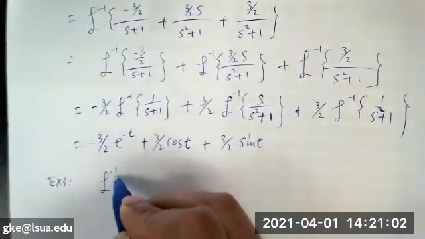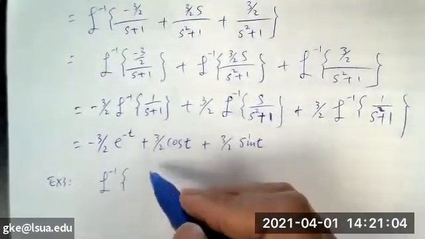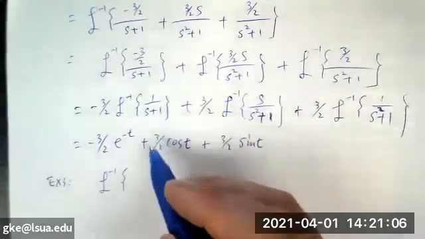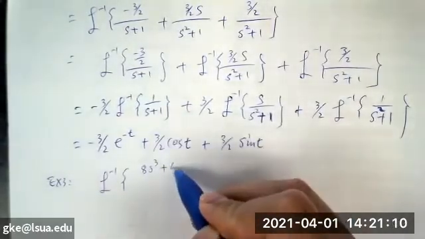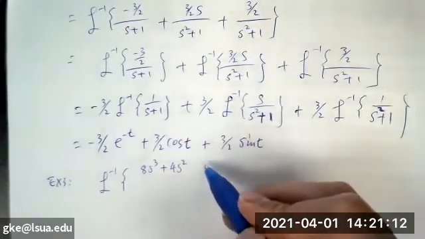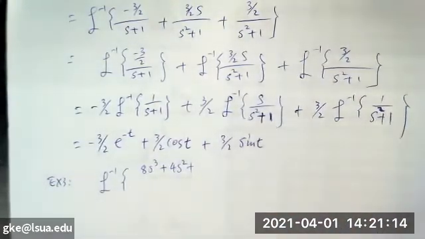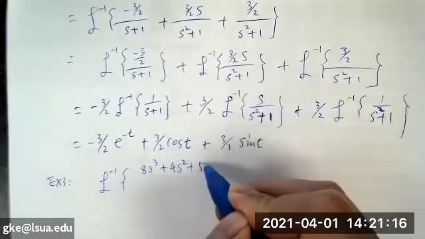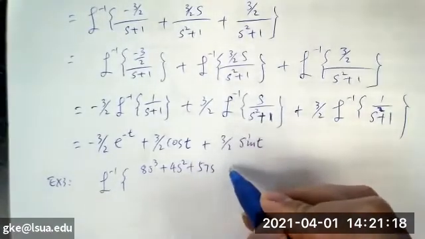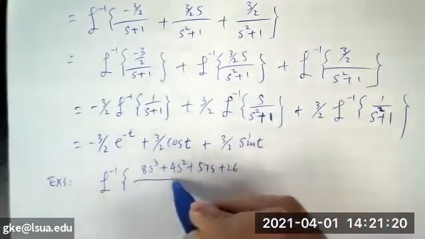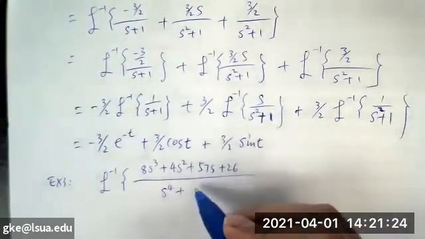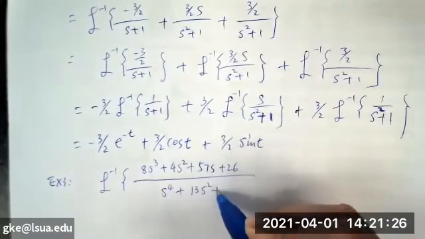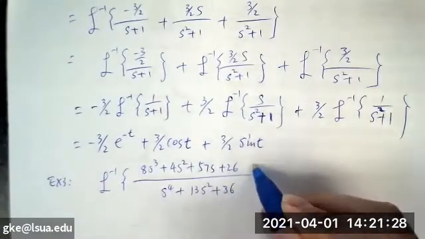So the Laplace transform of 8s^3 + 4s^2 + 15s + 26 over s^4 + 13s^2 + 36.